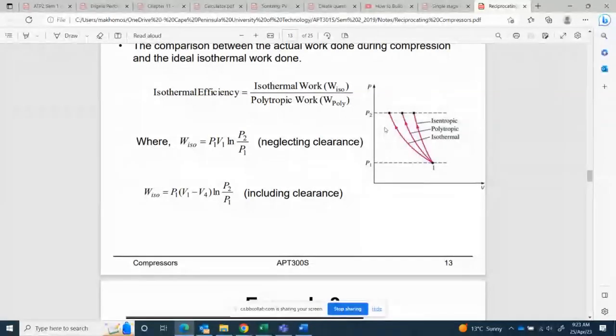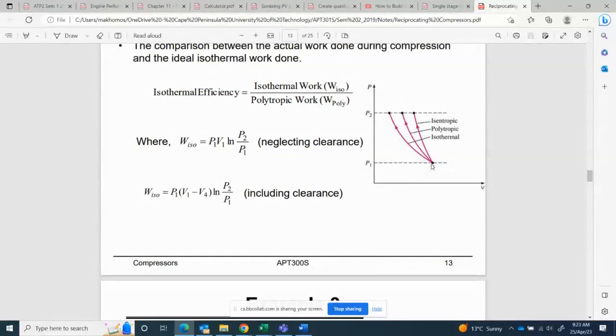Remember I said that we're always looking at the compressor that requires a small amount of work. So the area between P1 and P2, this area here, we will go for the smallest areas.